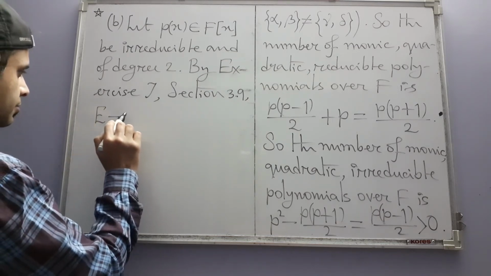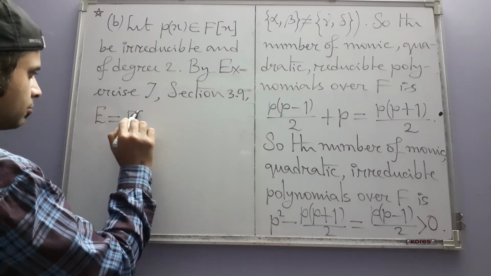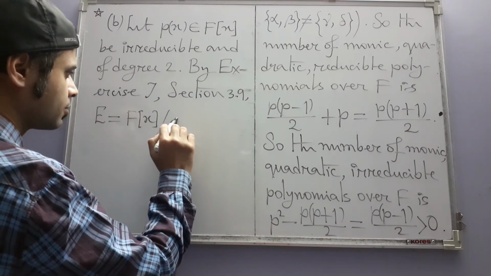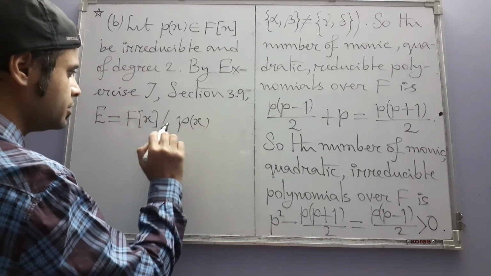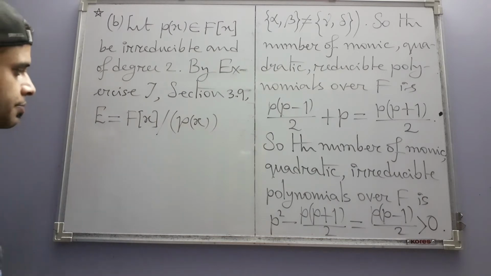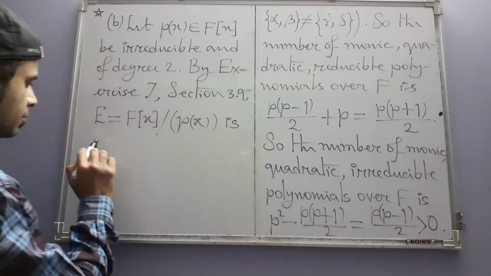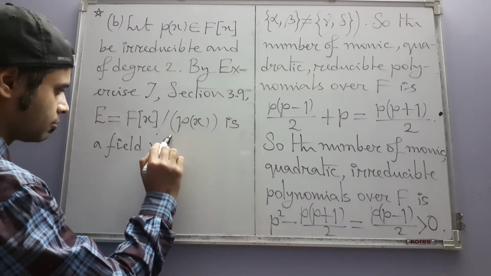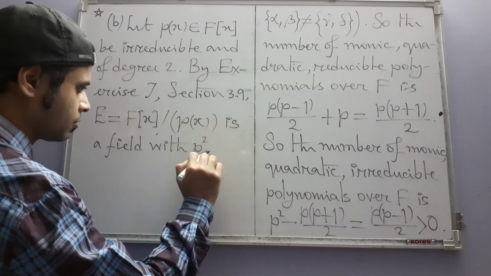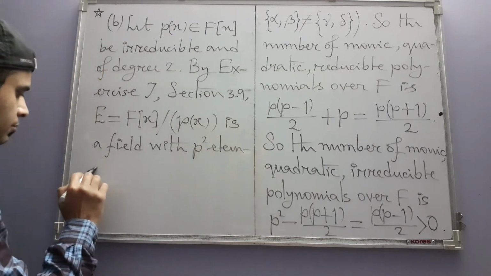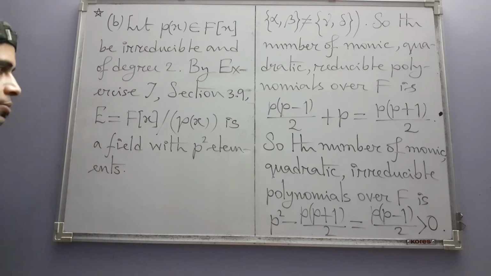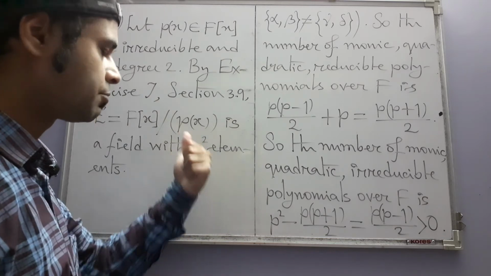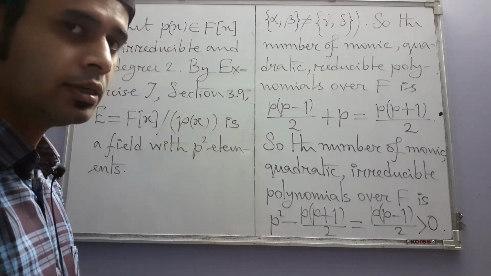This quotient ring of F[x], quotiented by the principal ideal generated by p(x), is a field with p square elements. Okay, this we proved in this exercise more generally for an irreducible polynomial of degree n.